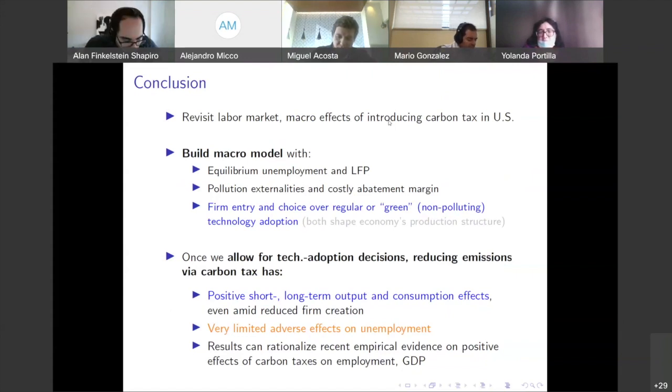Okay, so that's one of the things that we're looking at: aggregates, macro aggregates, and the labor market specifically. We don't want to say something specific about welfare, because even though in the context of a model you can take a look at what happens to welfare in the standard way, there's a lot of issues related to the distributional effects of carbon taxes, and we think that's a different paper, because you need to think about household heterogeneity and also ideas related to, for example, firm ownership.